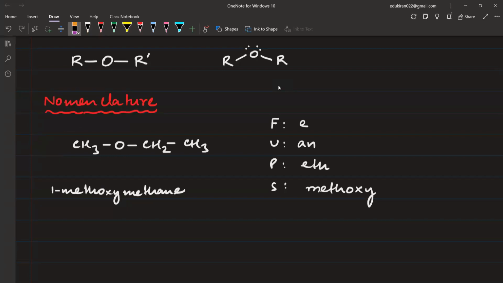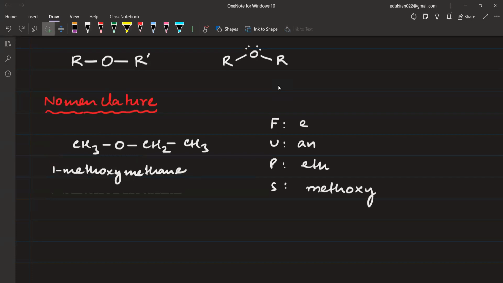That means if they give you the structure and ask for the IUPAC name, you will write it like this. But whenever a questioner is making questions regarding ether, they want to ask you some reactions of ether, and this is one of the reactants. So they will never write the IUPAC name. They generally write the common name. The common name ends with ether because it is an ether, and includes the alkyl groups that are attached.